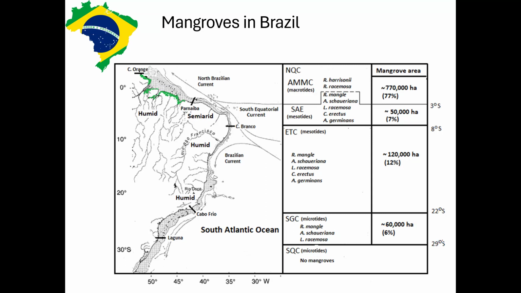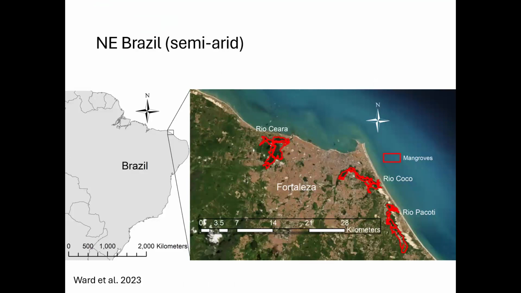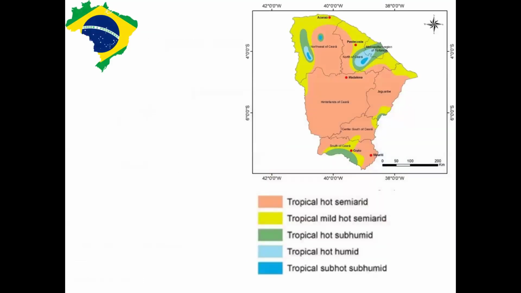Now I'm going to report some information from a study that I've undertaken in the northeast of Brazil, in a semi-arid part of Brazil. This is in the SAE region, from 3 mangroves around Fortaleza, the capital of the state of Ceará. Now, I've got a picture there just to give you an idea of what we're looking at.